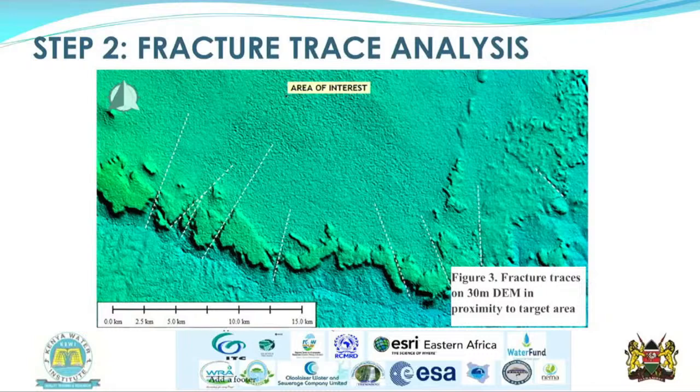What you see is basically the Yatta Plateau, and below it we have the plains. And as you can see, what we've done is basically fracture trace analysis, because we know that it's the fractures that control groundwater movement.